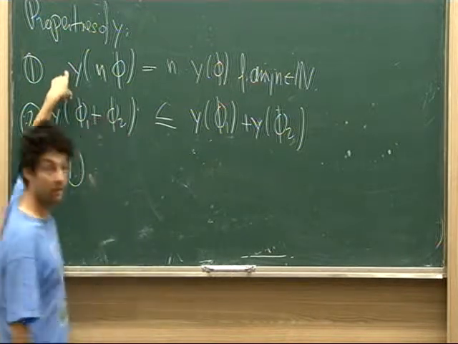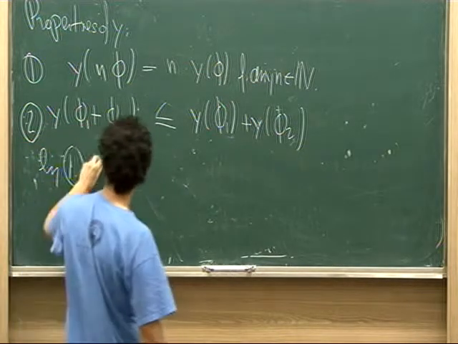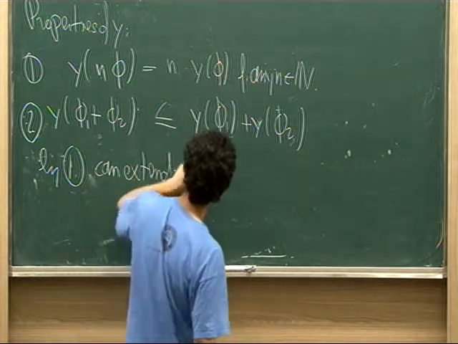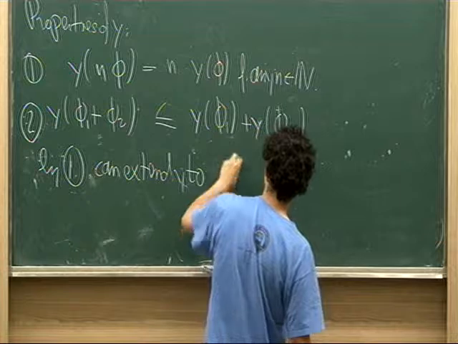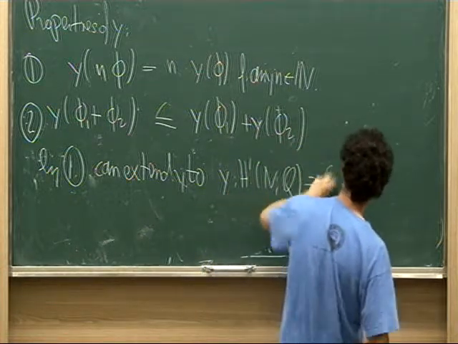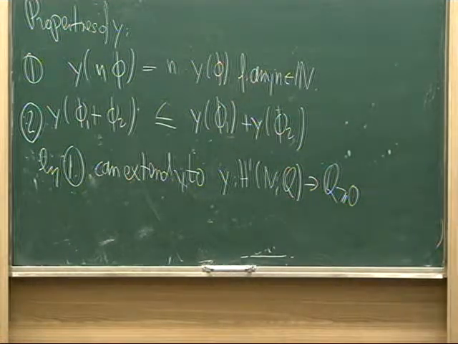By property 1, I can extend y, which right now is defined as a map on integral cohomology, to a map, again called y, on rational cohomology to the non-negative rationals.